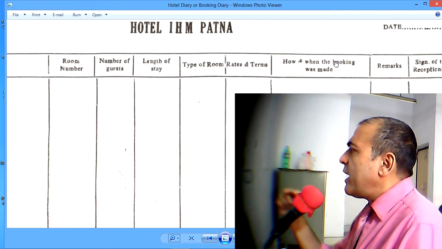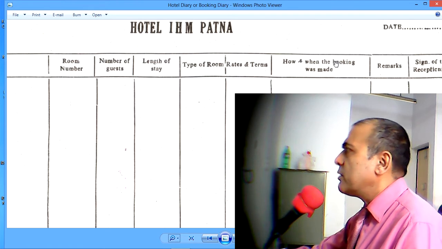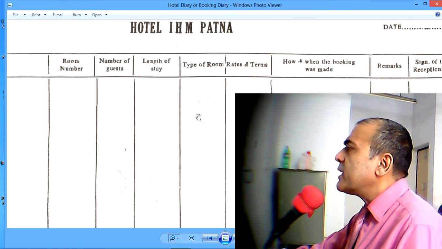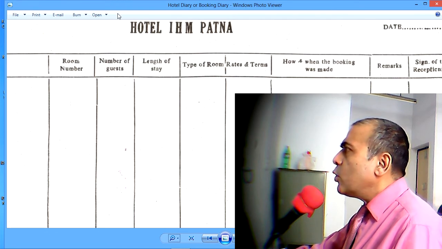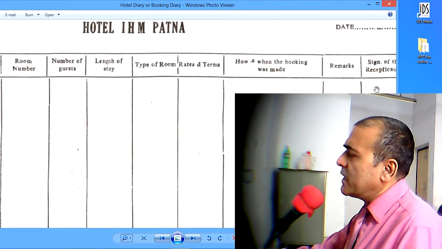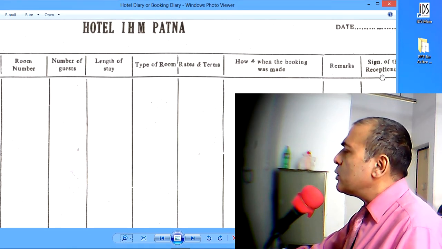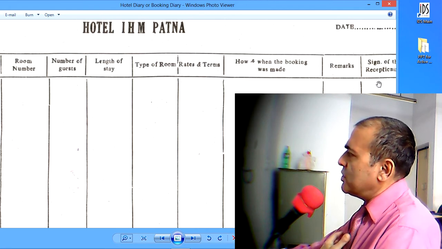So we have to make sure that the people who are filling this record, who are filling this form, are very careful and responsible about it. And that is why no reservation is complete without this signature. And mind you, this signature is a proof of responsibility.